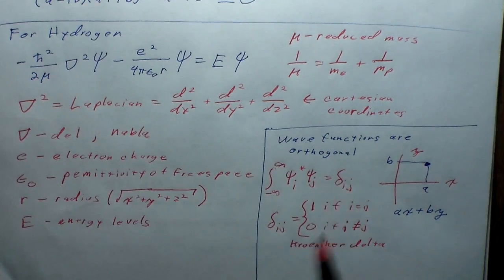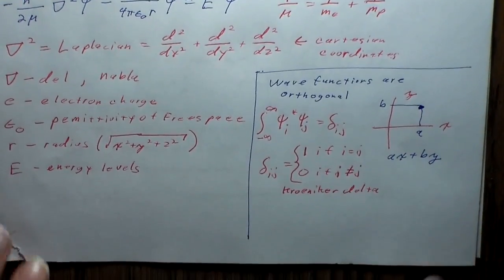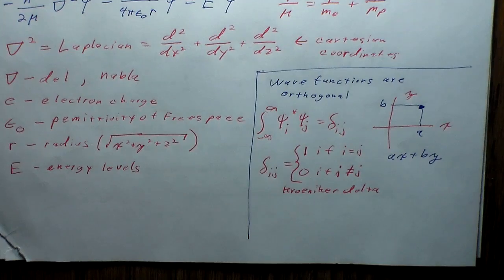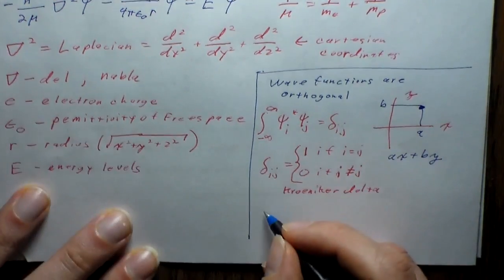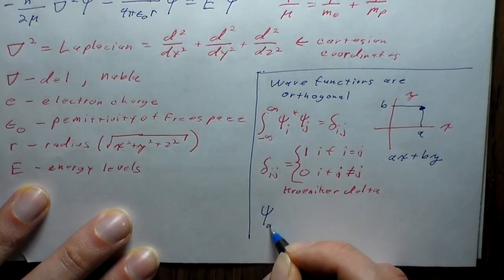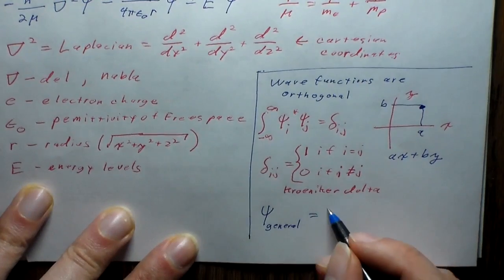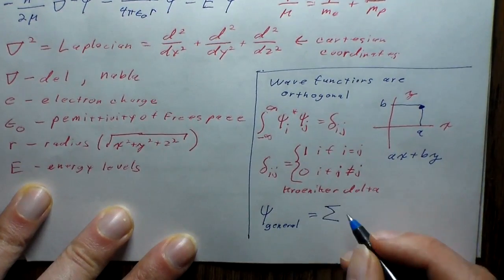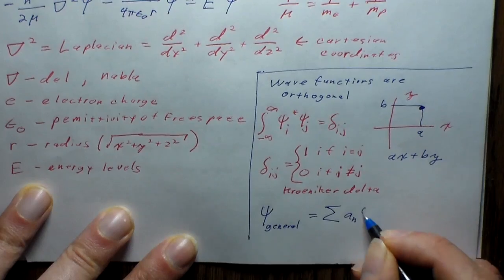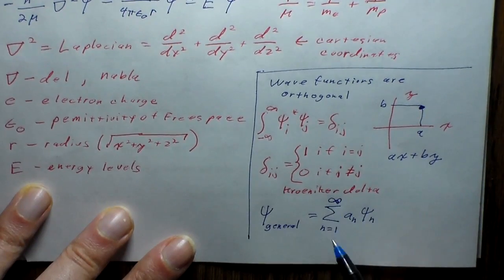And the reason that this is so important is that if I want to make up some generalized wave function, you can take all these different wave functions and add them up. So you're basically summing up all of your wave functions from n equals 1 to infinity.